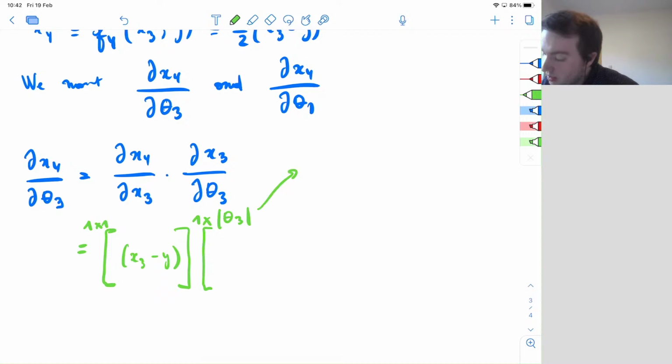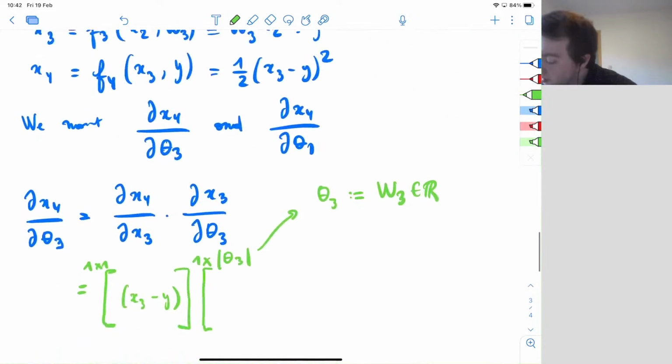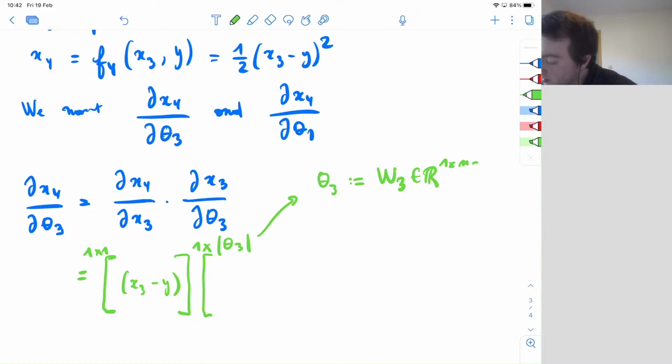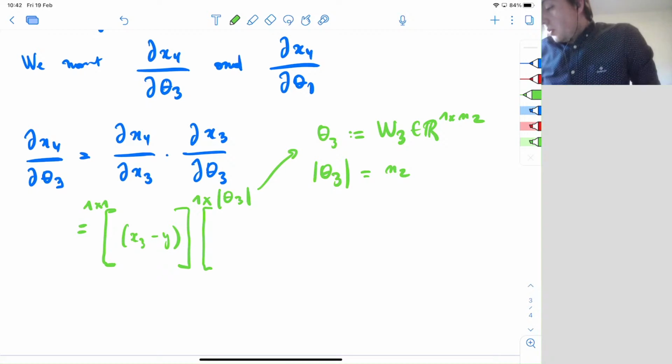Because what I said is that theta 3 was defined as some matrix in R^(1 times M2), right? And so when I use this notation, what I mean is that this would be equal to N2. So when I have parameters that are matrices, I will just flatten them as vectors.